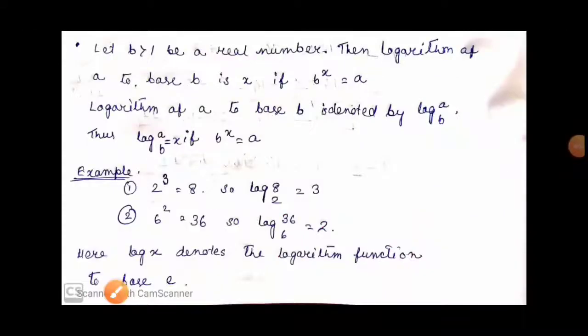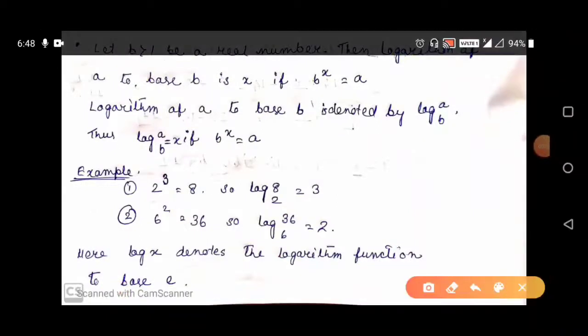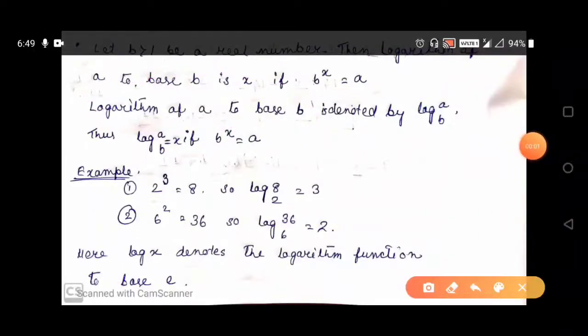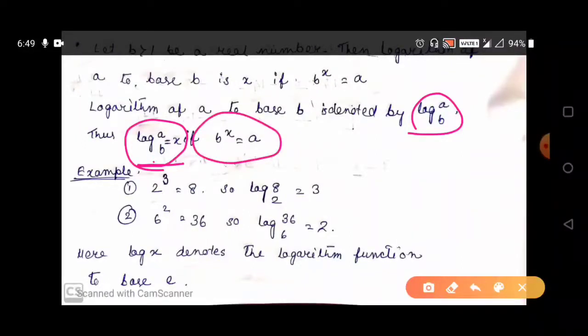What is logarithm? So logarithm of a to base b is denoted by log a base b. We will write it in this way, and we will read it as log a base b. Log a base b is equal to x if b to the power x is equal to a.